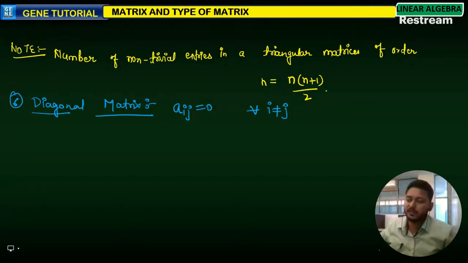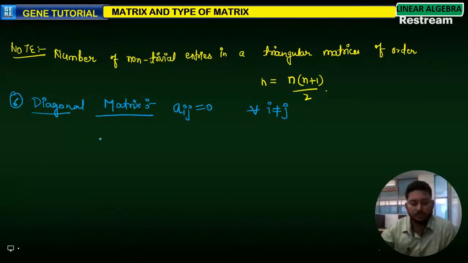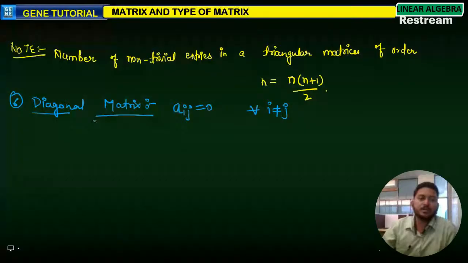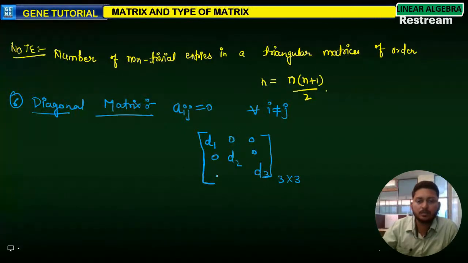So, come to the point, which is our diagonal matrices. And what is this? First of all, a square matrix whose non-diagonal entries are zero. It means the diagonal entries are d1, d2, d3, and all other entries are 0.